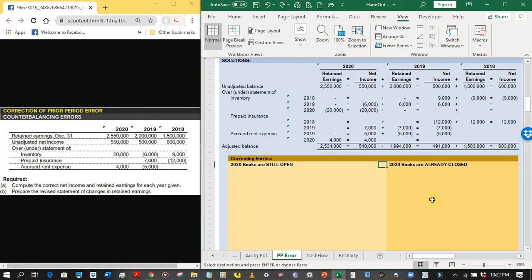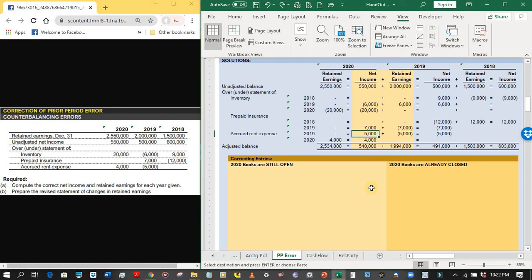So when we prepare the correcting journal entries, looking at the table, the adjusting entries will be taken from these columns. So since the nominal accounts in 2020 are still open for adjustments, we are still able to adjust the net income by adjusting the nominal accounts. However, we still need to adjust the net income in the prior periods, so that is 2019 as well as 2018.